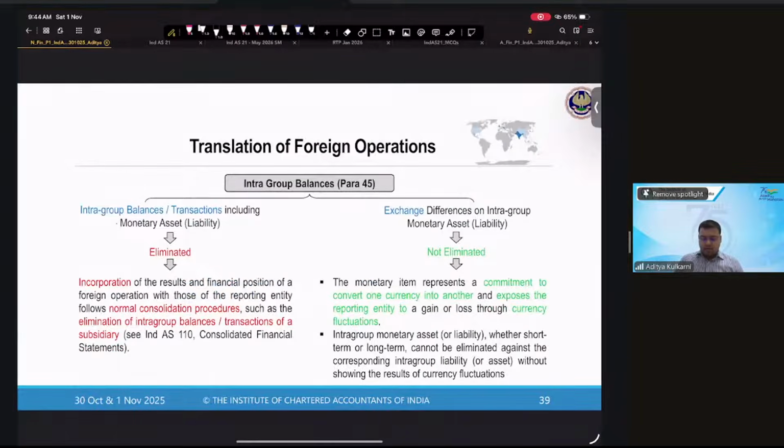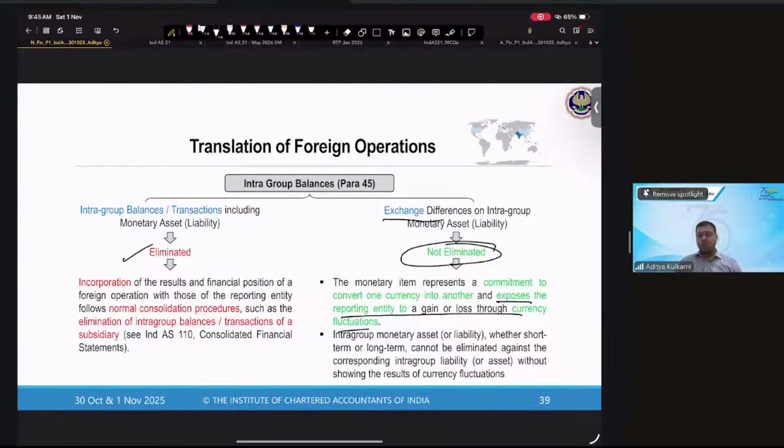Intra-group balances, monetary assets or liabilities, you will eliminate when you consolidate. But any exchange difference you will not eliminate. We saw that 1,000 rupees balance remains as it is because it is a group exposure to the foreign currency. It exposes the reporting entity to a gain or loss through currency fluctuations.